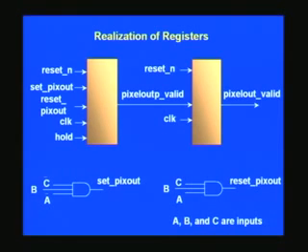We need to delay this pixel out valid, which happens one clock cycle prior to what we want. That is the reason why we have one more register here. So this is actually to delay a register, and the output is pixel out valid, for which the codes are like this.